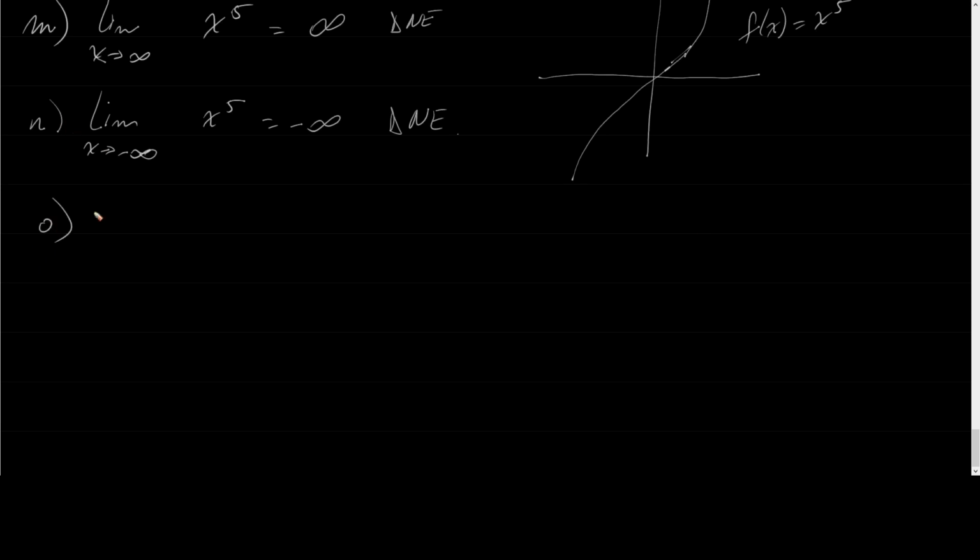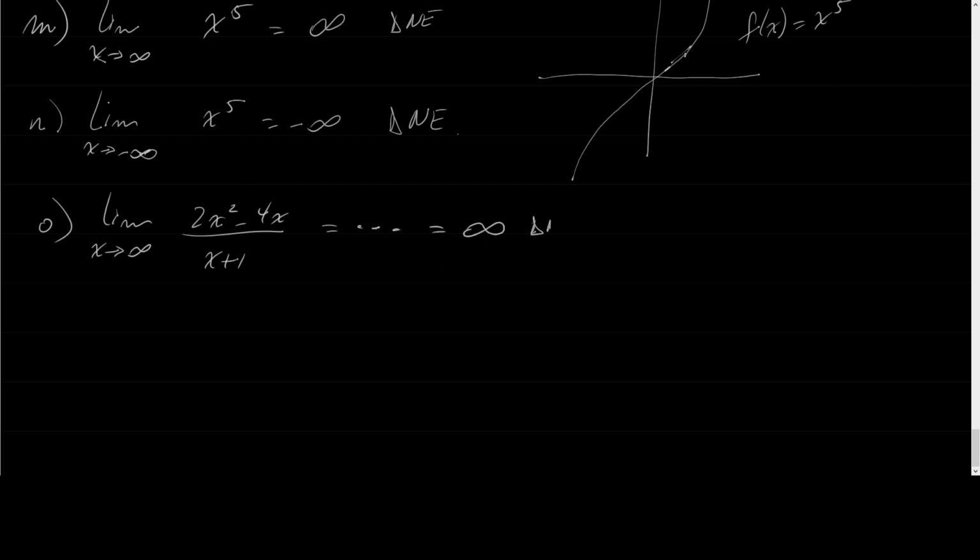So let's say that I had the limit as x goes to infinity of 2x squared minus 4x over x plus 1. All right. Now in here, we already know how to find this limit, right? This is going to infinity.